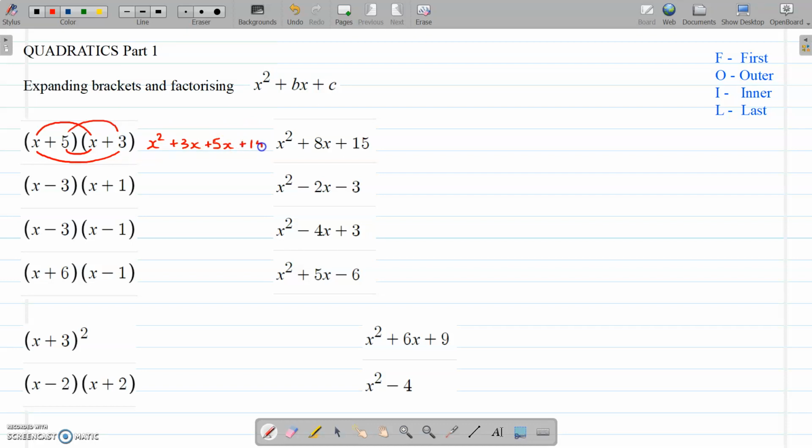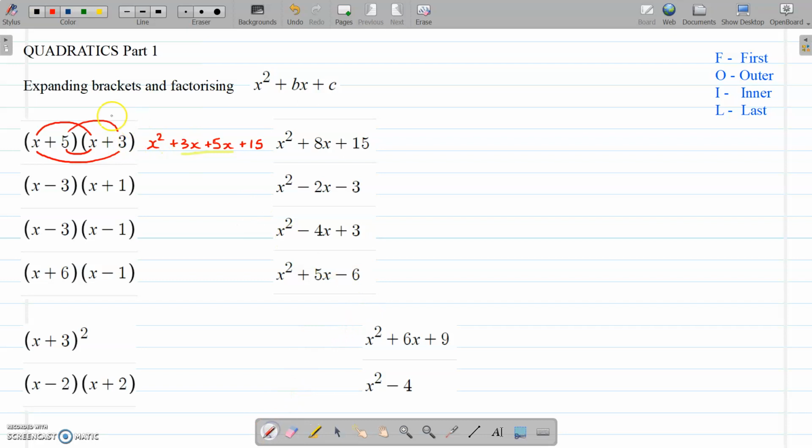And hopefully you can see now that the middle two terms, the 3x and the 5x, combine to give us the 8x that we see in the middle there. Normally you would go straight from there to there and combine those two terms together. But that is the process of expanding brackets.